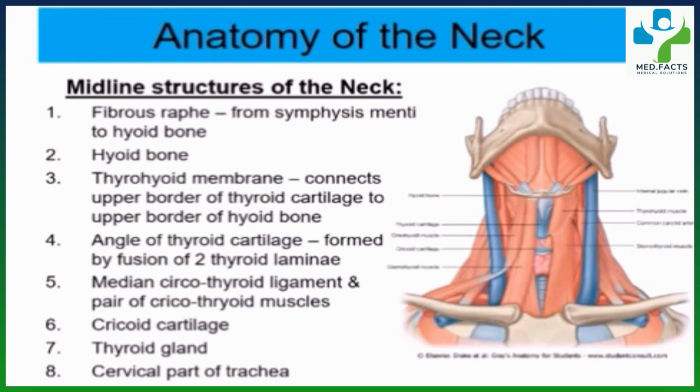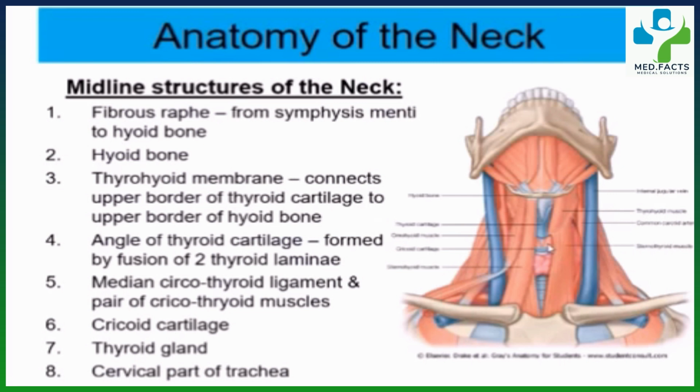Below that there is one more ligament or membrane which extends between a small cartilage, the cricoid cartilage, and the thyroid cartilage. So there is a membrane. This is called the cricothyroid membrane, and this membrane is thickened at particular points, so that part will be called the cricothyroid ligament.